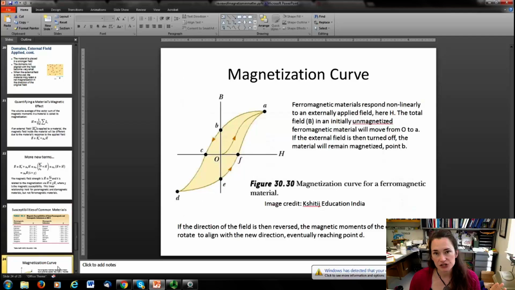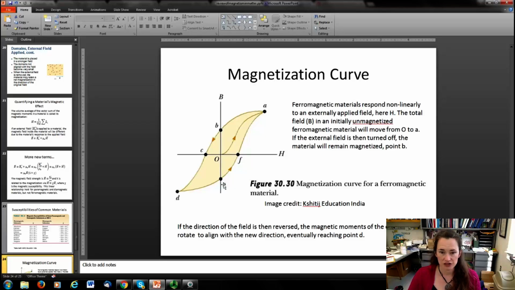Now, ferromagnetic materials are a different story. In that case, you get a non-linear response to an applied external magnetic field. In a magnetization curve, we're plotting the total magnetic field experienced inside the material versus the magnetic field strength externally applied, which is plotted here on the x-axis.